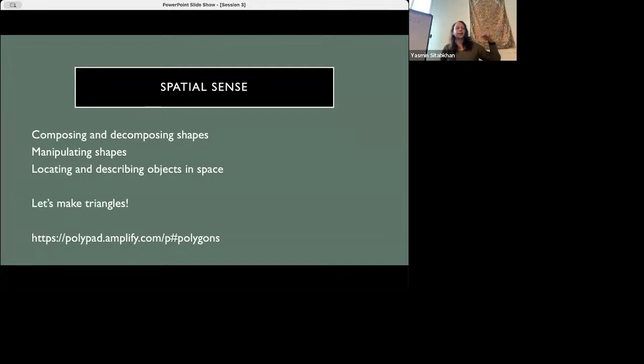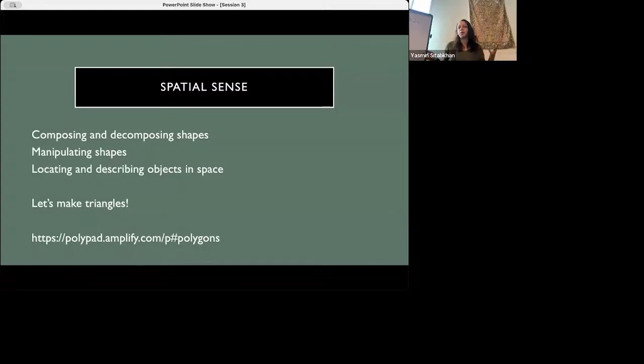The pencil is underneath the book, or the dog is under the desk, right? There are all types of things. So describing objects and composing and decomposing shapes is a very important activity where we really want students to be able to see how you can take a shape and put it together and break it apart.